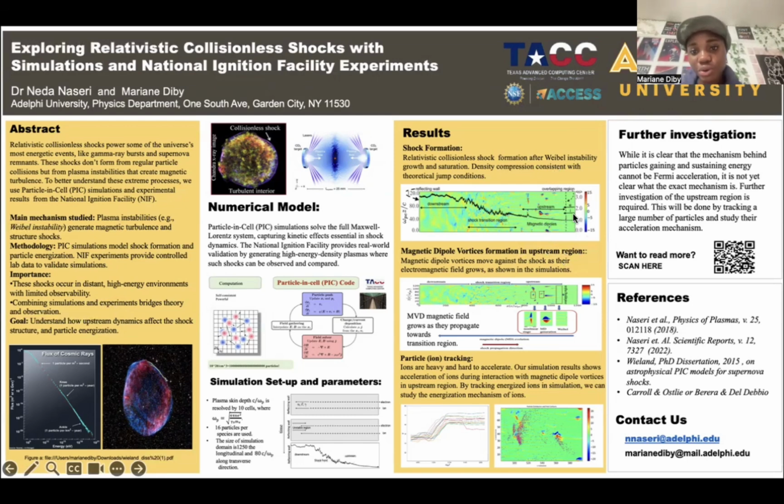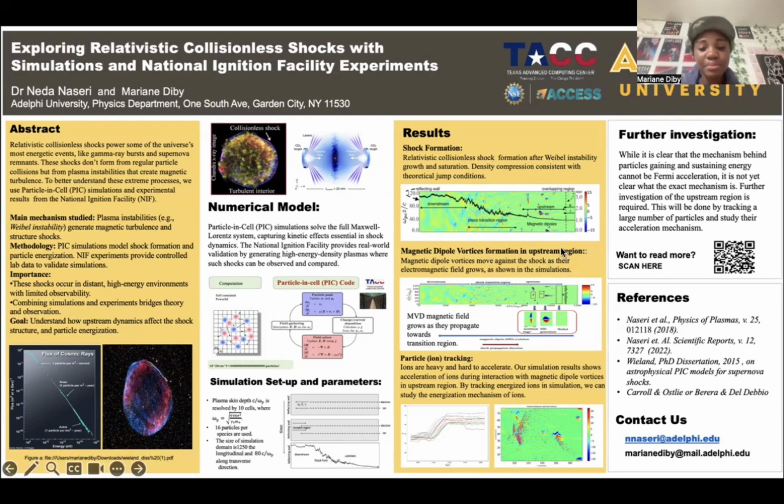So we focus more on studying the mechanism happening in the upstream region, since that's where the magnetic field is generated, it tells us a lot more about what may cause the particles to accelerate. So we study what is going on in that region.